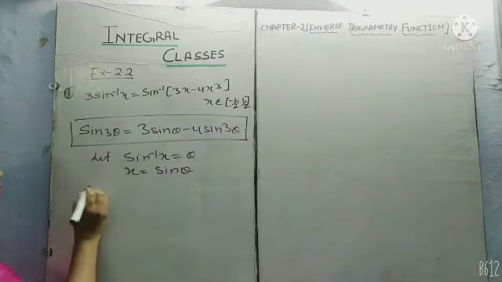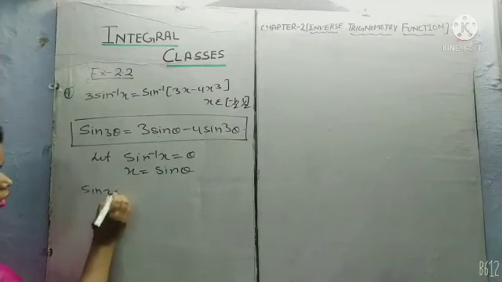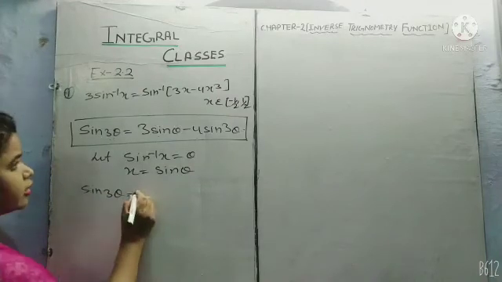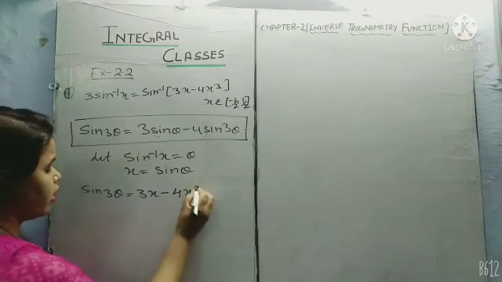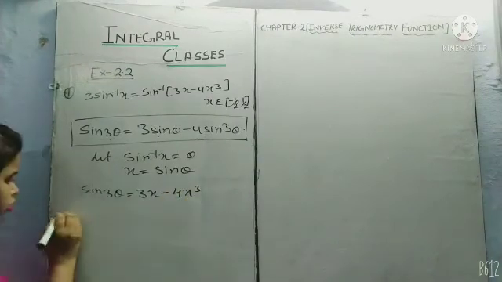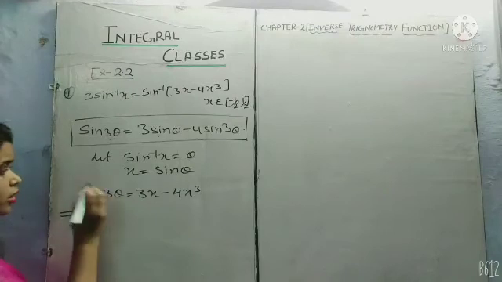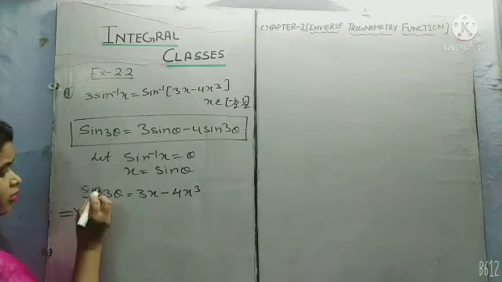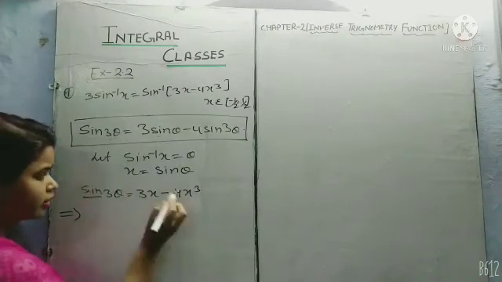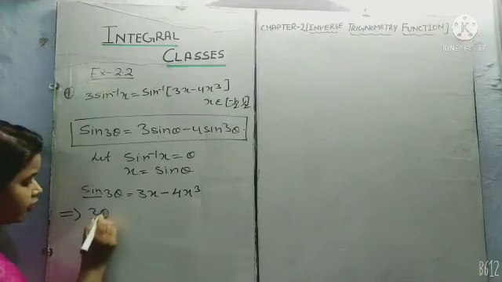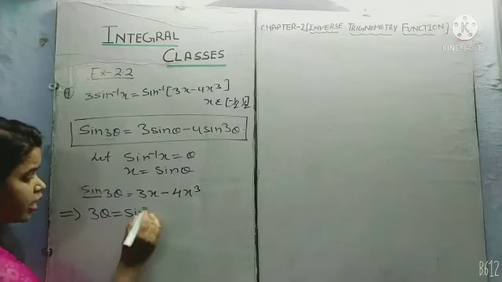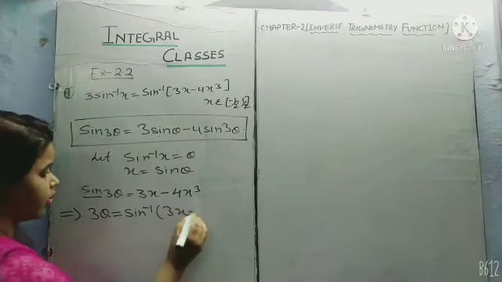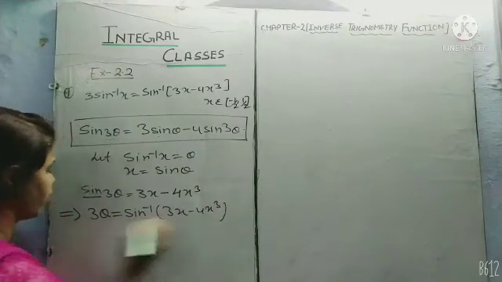So it will become sin 3 theta as it is, and 3x minus 4x cube. Now student, in the next step we will transport sin to the other side. So we know that if we transport sin to the other side, it will become sin inverse. Okay.